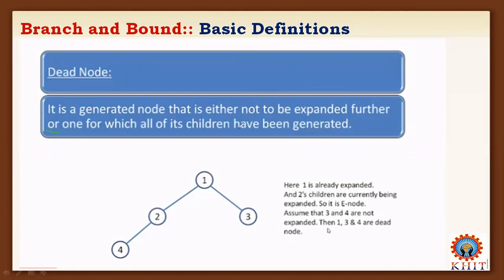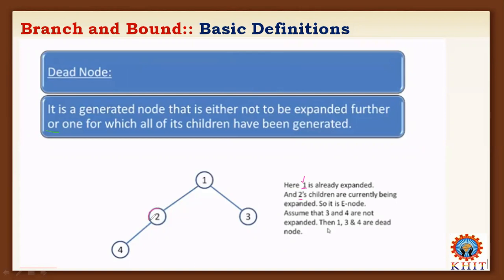Now clearly observe here. Node 1 is already expanded. Why? Because node 1 has two children nodes, node 2 and node 3. Node 2's children are currently being expanded.